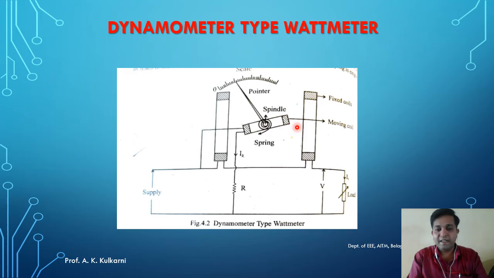Due to that interaction, the pointer will have some energy in it, and it will start to move over the scale, indicating the amount of power we have. Is it clear? In this way, we measure the power with the help of the dynamometer type of wattmeter. I think we already studied this dynamometer type of wattmeter in our basic electrical subject.